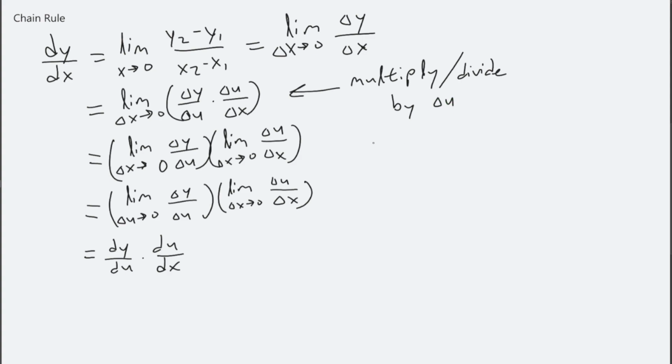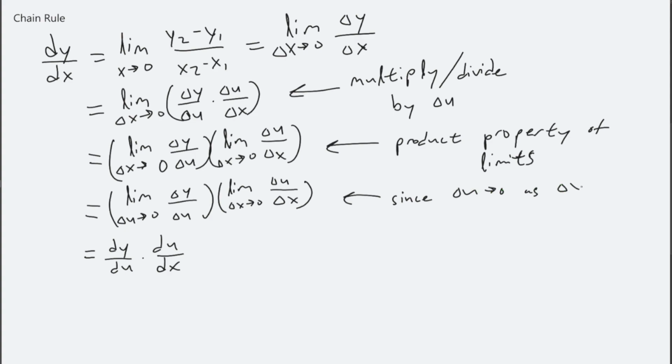Just so you guys have a better visual understanding of what is going on, this last part is since delta u approaches 0 as delta x also approaches 0. The last part is just by the definition of the derivative itself, as stated from the above portion here. And that is going to be the proof of the chain rule.